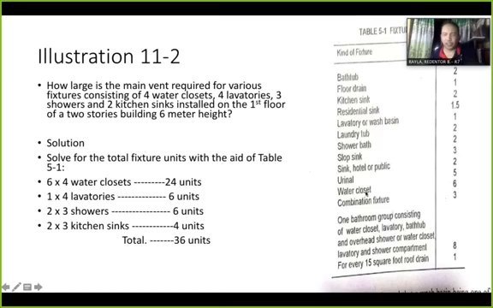So you have the water closet, 6. This is higher because when you flush water, but there are now water conserving water closets. They are already updated to conserve water.